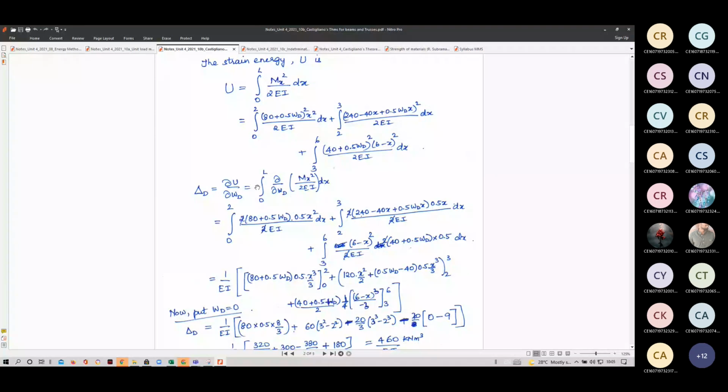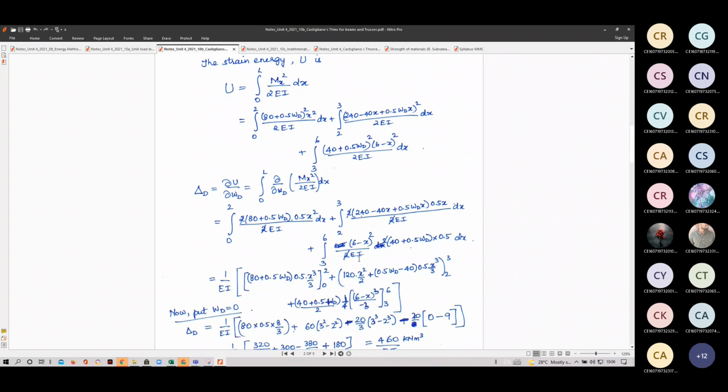These are 3 segments. Now we differentiate with respect to WD, the fictitious load. We have to differentiate very carefully. You are differentiating with respect to WD, so you will get expressions.